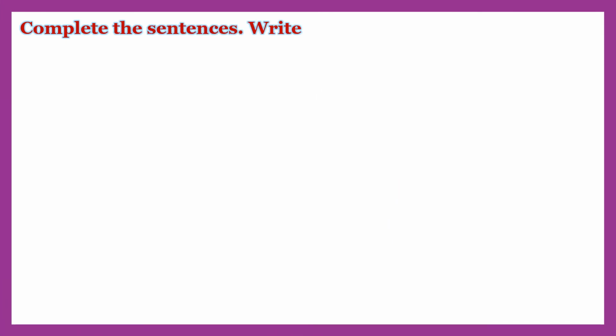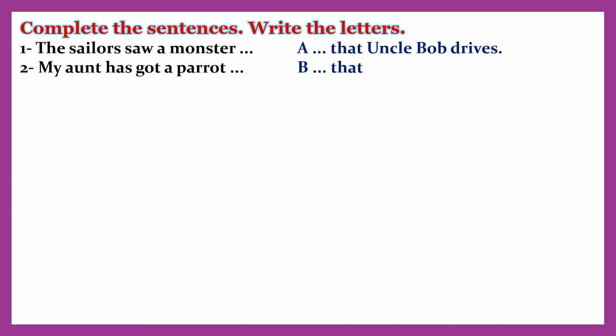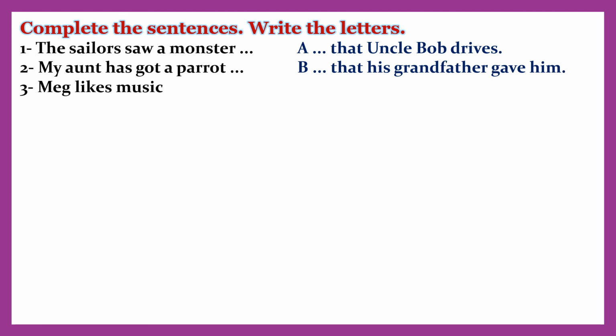Complete the sentences. Write the letters. 1. The sailors saw a monster. A. That Uncle Bob drives. 2. My aunt has got a parrot. B. That his grandfather gave him. 3. Meg likes music.